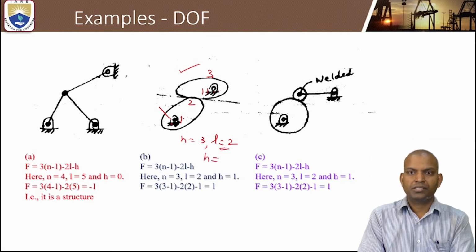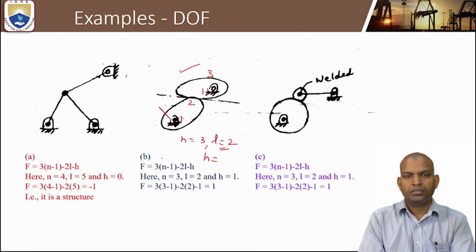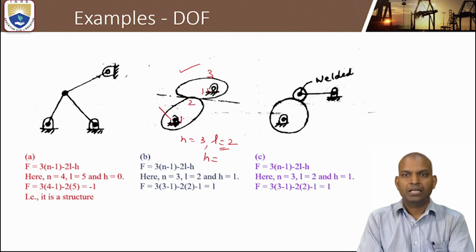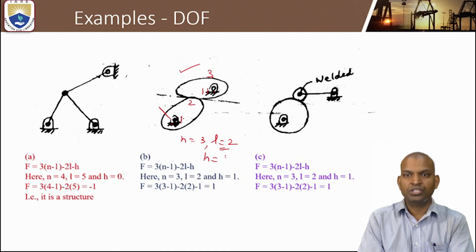Whatever higher pairs. Higher pair means if the contact between the links of a pair is either point contact or line contact, then that pair is called as higher pair. The contact between link 2 and 3 is higher pair contact. That's why higher pair is only single contact, that is 1, H equal to 1.